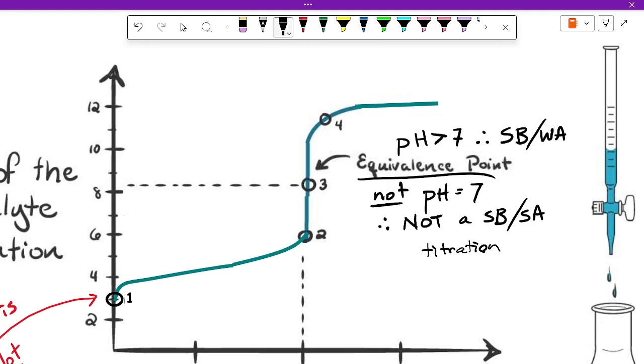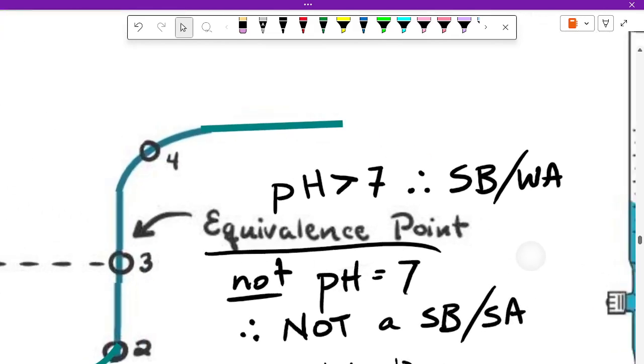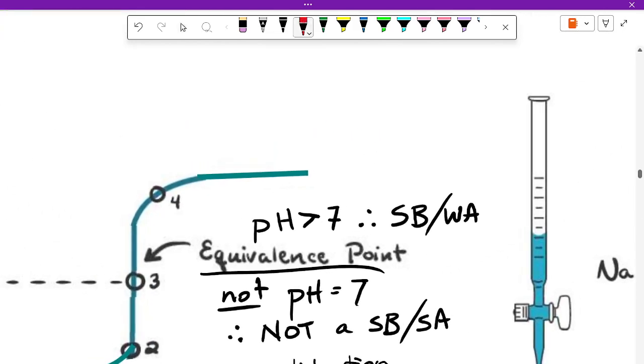Why is the pH greater than 7 at the equivalence point? Yeah, we have a salt that's made, and we're going to have anionic hydrolysis. So the pH is greater than 7.